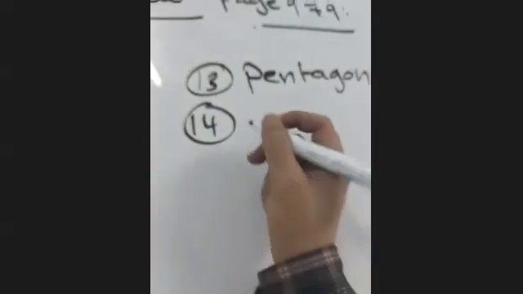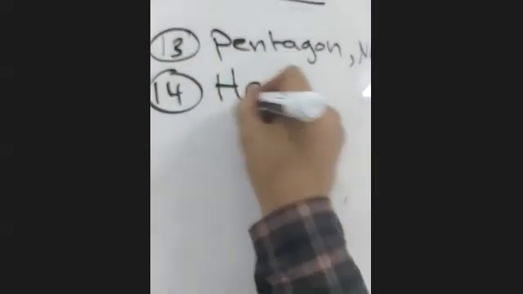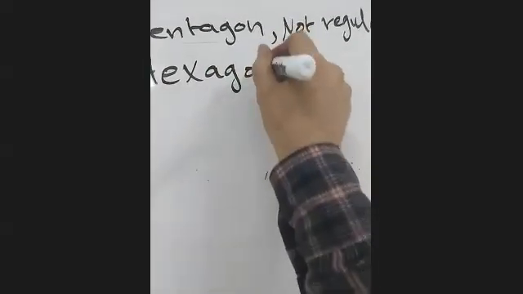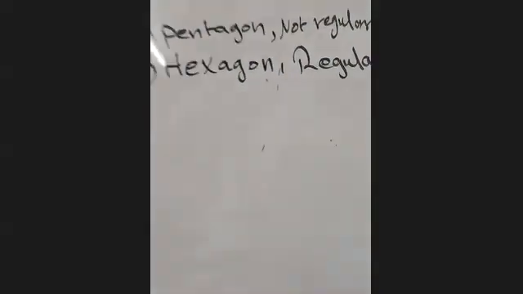What is its name? Hexagon. Is it regular or not regular? Regular, because we have the same side lengths. So here the name is hexagon because it has 6 sides, and it is regular because the side lengths are equal.